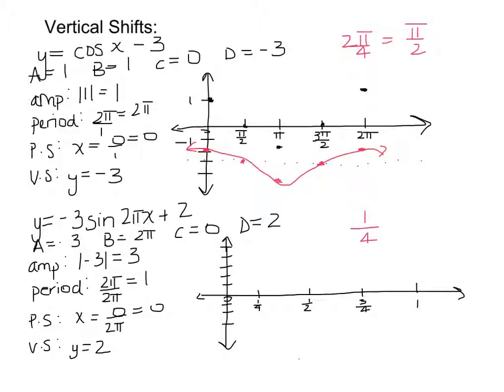Now this is sine, so we would start at 0, and A is negative, so instead of going up to our max, we're going to go to our minimum. Then back at 0. Then to our max. And then back at 0. And then we will take those points and shift them up 2.